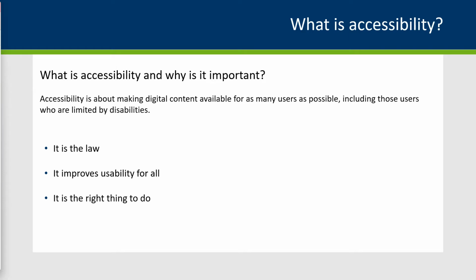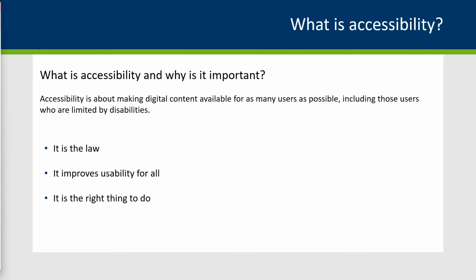Why does it matter? Number one, it is the law. The Americans with Disabilities Act, which is ADA, says information must be accessible. And as a public sector, our site, website, and documents are required to be accessible. Secondly, it improves usability for all. Nowadays, the use of web and digital content has spread into all different areas, and millions of people that have disabilities are affected by that. Accessibility simply means making your content usable by people of all abilities. Usability means making it easier for your audience to read and understand your document or website.